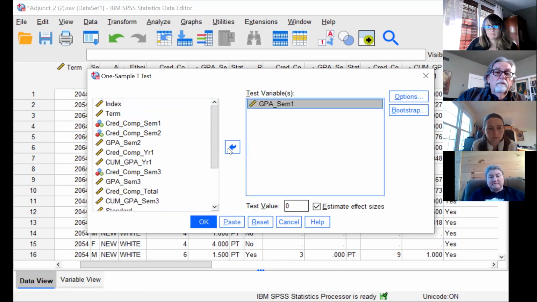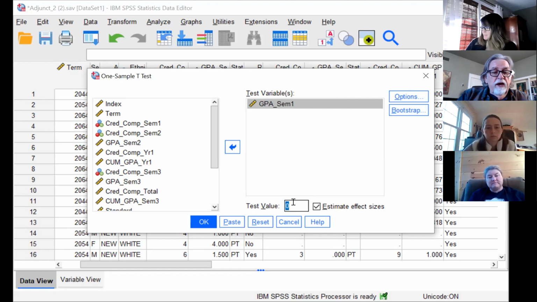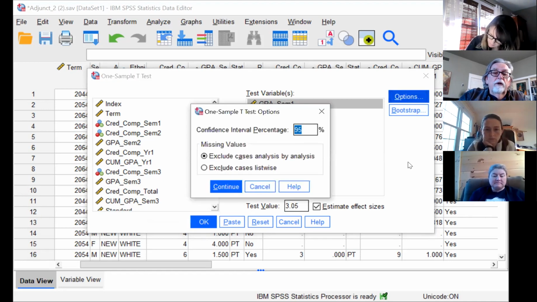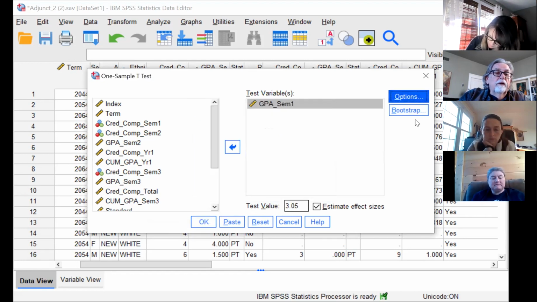And for the test value, there's a box down here for test value, we enter that value, 3.05. And so the population value is 3.05. And we want to know whether this first semester GPA is different from that. And there are no real options that we can play with here.